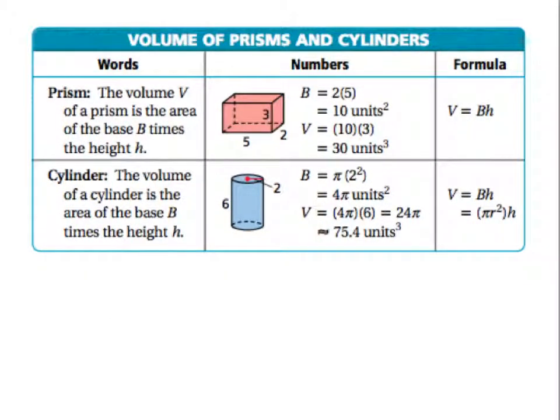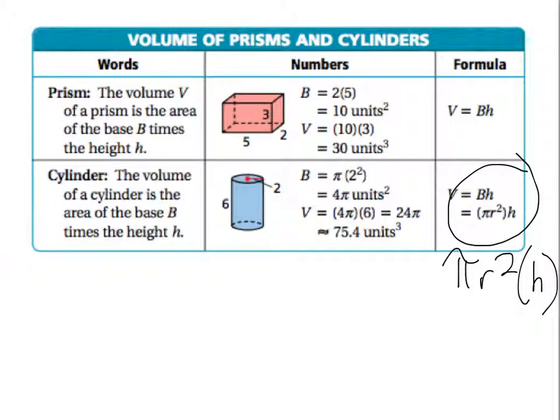Now for our second one, we're going to use volume equals base times height. The thing we need to know about the base of a cylinder is the area of a circle. The area of a circle is pi r squared, times height. So you guys see how that's different? The base here is going to be, we need r.